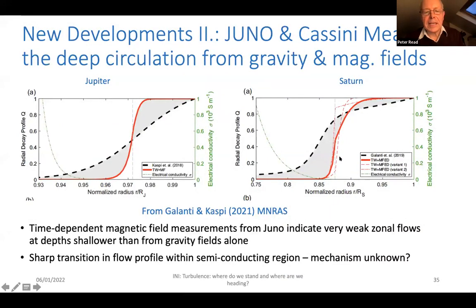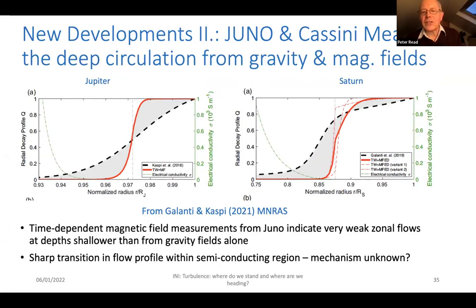Jupiter and Saturn are thought to be fluid planets throughout because they're mainly composed of hydrogen and helium. And if you compress hydrogen and helium strongly enough, of course, it becomes electrically conducting. So at some point, magnetohydrodynamic effects will become very important. But curiously, the zonal flows themselves don't seem to penetrate all the way down to the region where we expect the atmosphere to become electrically conducting.